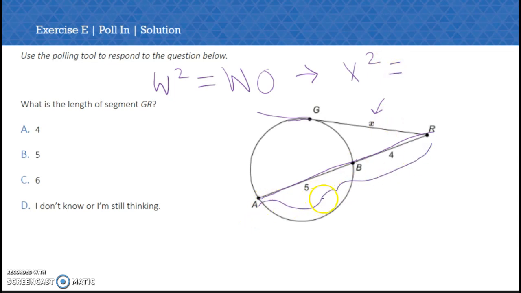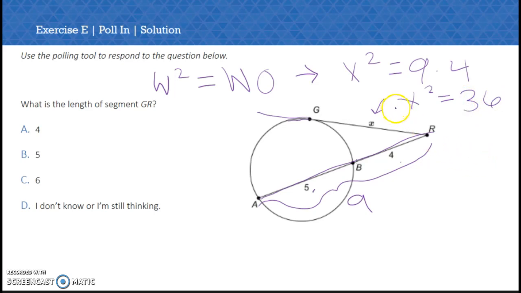Well, the whole thing, we don't really have it explicitly marked out here, but we know the inside piece is 5, the outside piece is 4. The whole secant is 9. So 9 times the outside piece is 4. So x squared, the tangent squared, has to be equal to 9 times 4, which is 36.